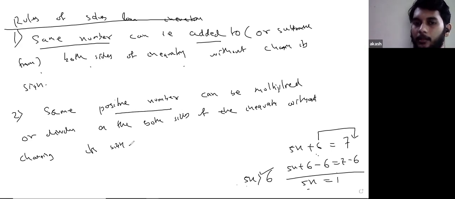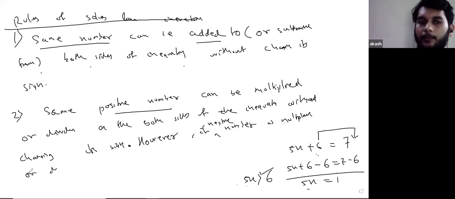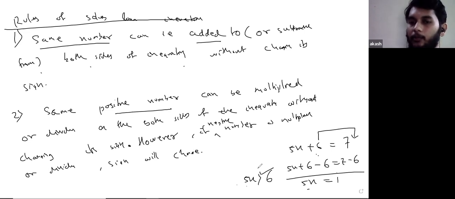All right. So the next line would be, however, if a negative number is multiplied or divided, the sign will change. What is this saying? If you multiply by -1 here, then this sign will become less than.